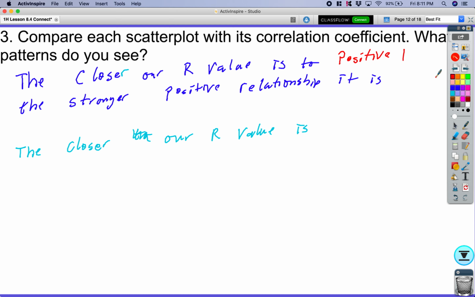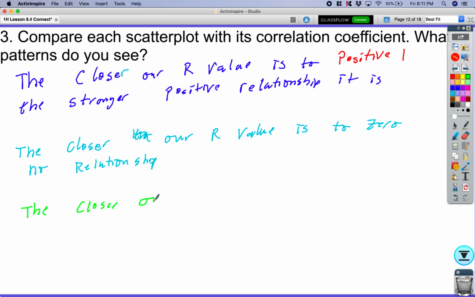Okay, so then let's go ahead now and focus on the closer our R value is to 0, we get closer to having no relationship. And finally, we'll go ahead and do in green.